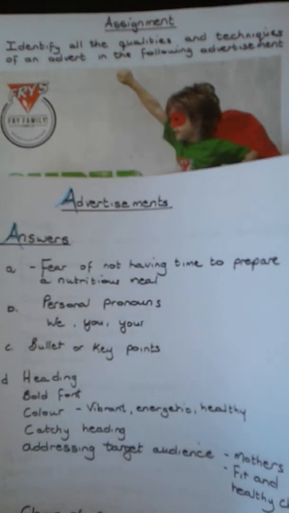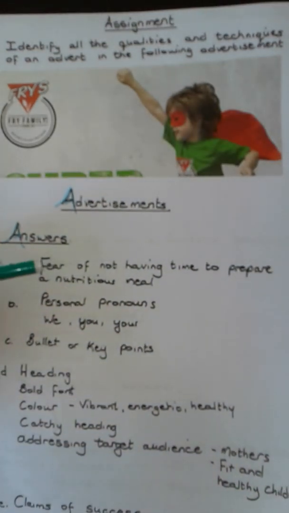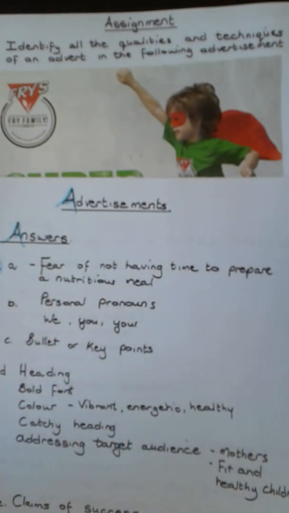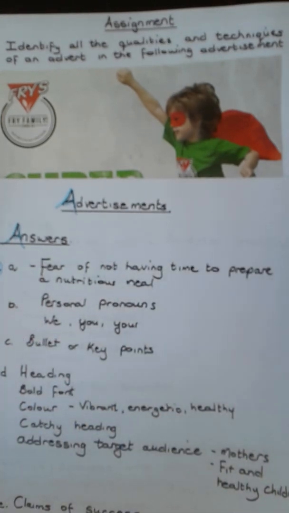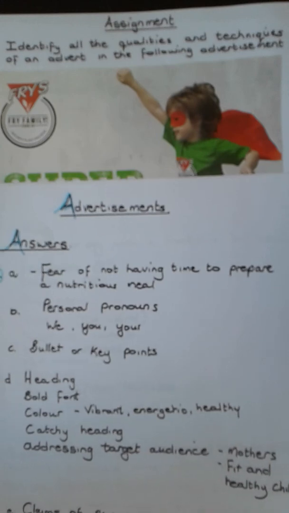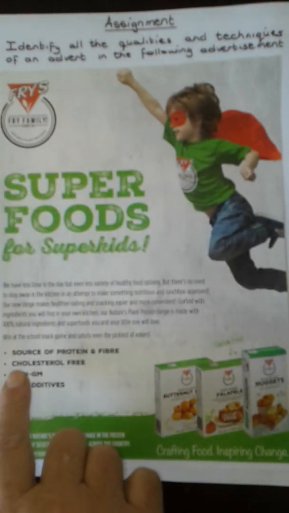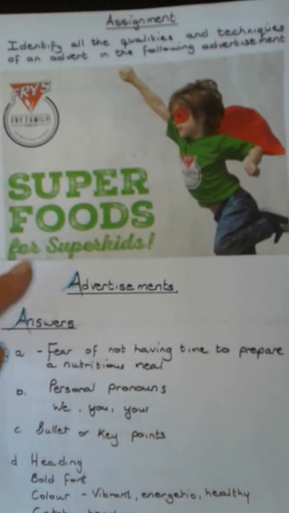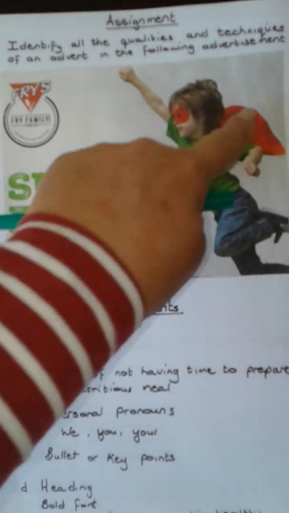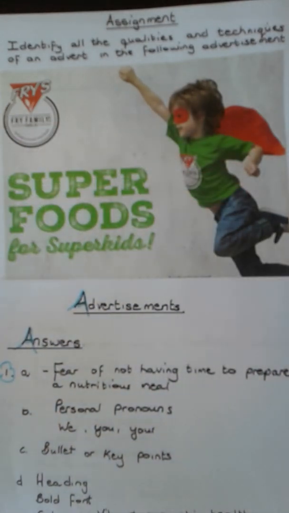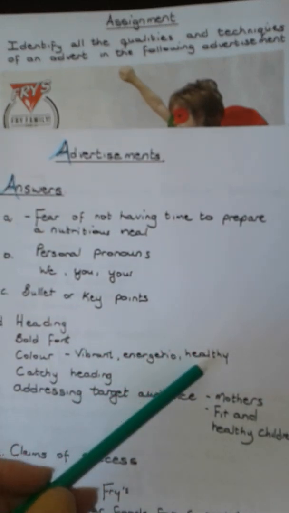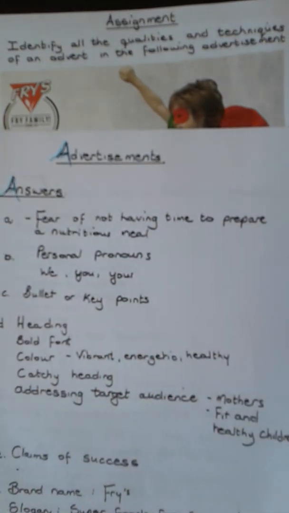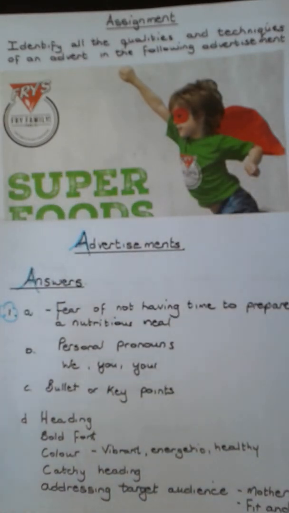The ones that we can pick up are the fear of the mothers of not having time to prepare a nutritious meal, the personal pronouns we, you, your, bullet or key points that you can see there, as well as the heading, the bold font, and the vibrant colors, the red and the green, which is symbolical of energy, being healthy, and it's a vibrant young color with a young child.